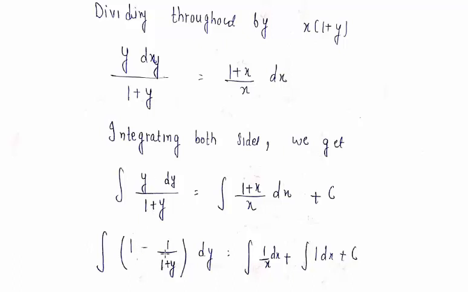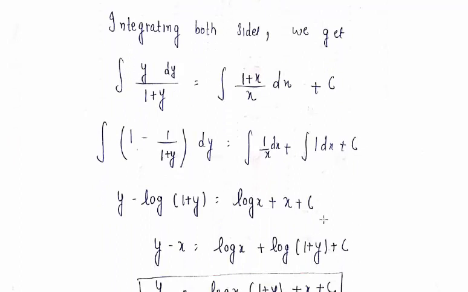This equals integral of 1 minus 1 over 1 plus y dy. Here 1 over x plus x over x becomes 1, plus the constant of integration. So integration of 1 with respect to y is y minus the integration of 1 over 1 plus y, which is log 1 plus y. Integration of 1 by x is log x, plus x plus c.